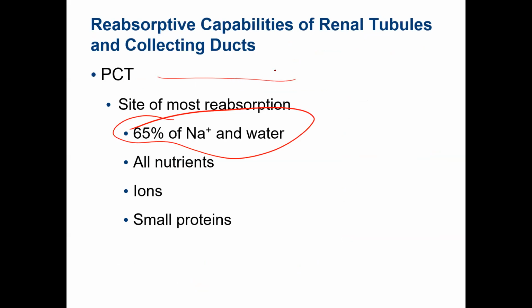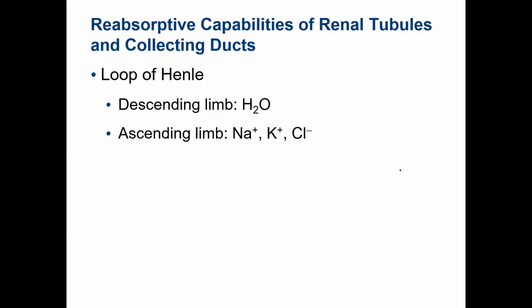The proximal convoluted tubule is bulk reabsorption. Everything you threw out, 65% of it is now back in the bloodstream. What's left then enters the loop of Henle.